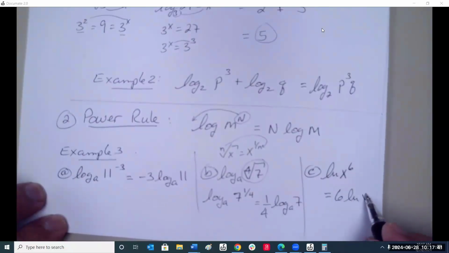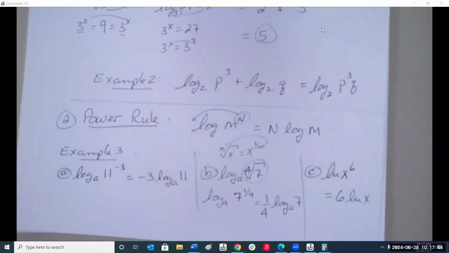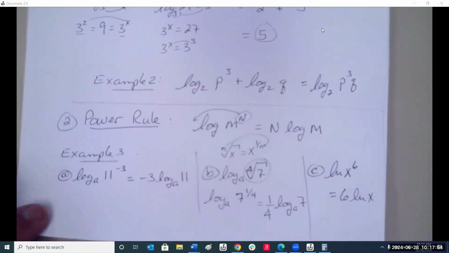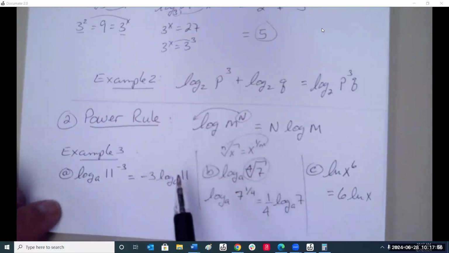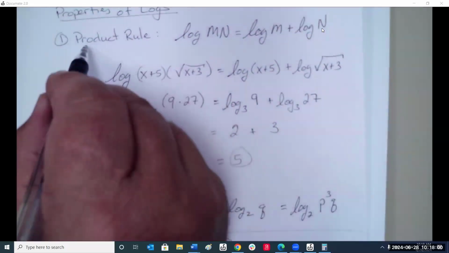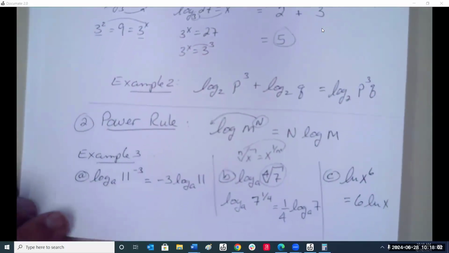Perfect. See, the properties of logs aren't that difficult. So that's the power rule. So we talked about the product rule and the power rule.